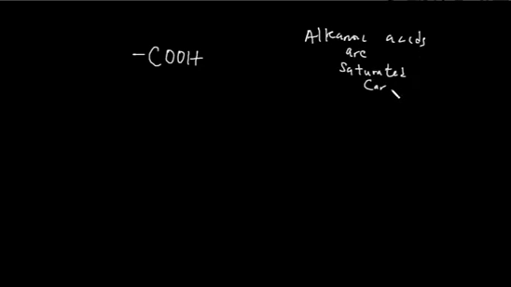Alkanoic acids are saturated carboxylic acids. So this is called the carboxyl group or carboxylic group. You either see it like COOH, or you see it like CO2H.